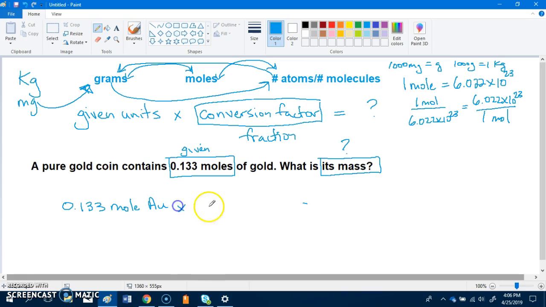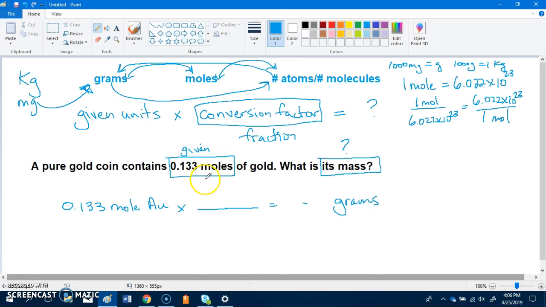And then we're going to multiply by, we're going from moles to mass here, right? So we're looking at 1 conversion factor. So my conversion factor is in the form of a fraction, is equal to the mass, which is going to be in grams. So that's how you set that up.